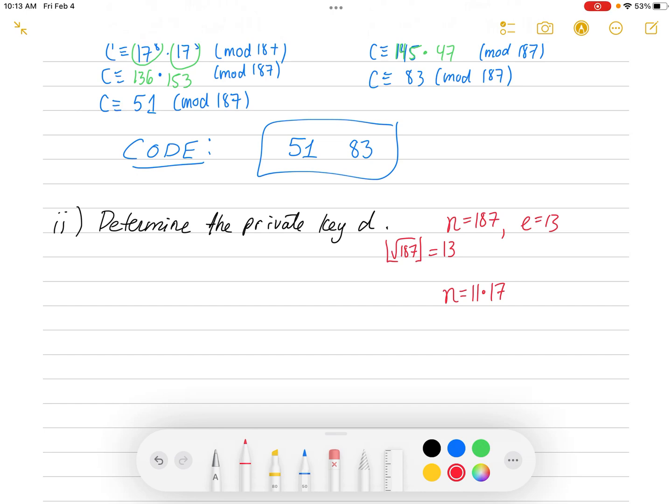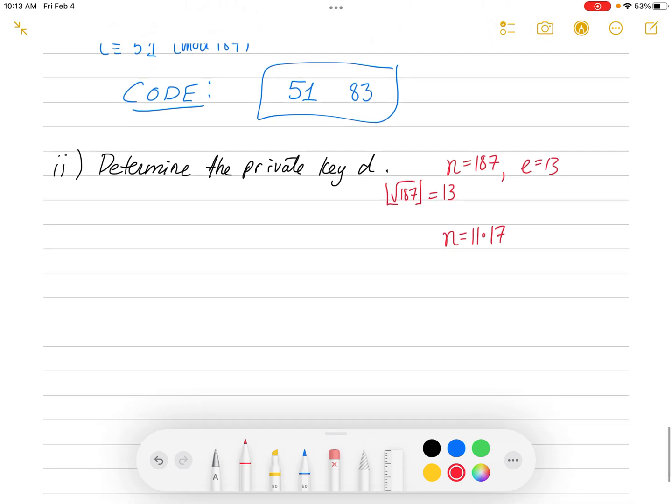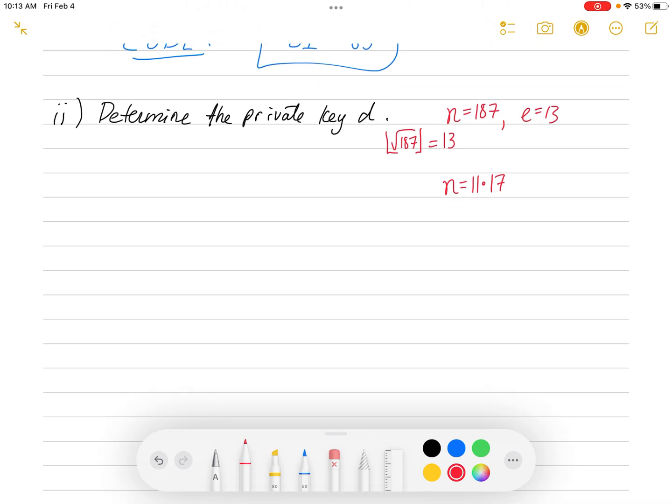Then you have to find these enormous prime numbers, a P and a Q, and that's almost impossible. That's the step at which most people who tried to find the private key would fail. They wouldn't be able to find the 2 primes. So we did the impossible, right? We found the 2 primes, but only because it's not impossible here. 187 is a really small number. So that's the hardest part, factoring into primes.